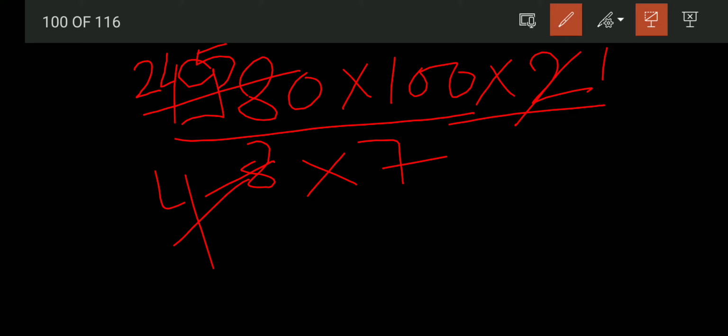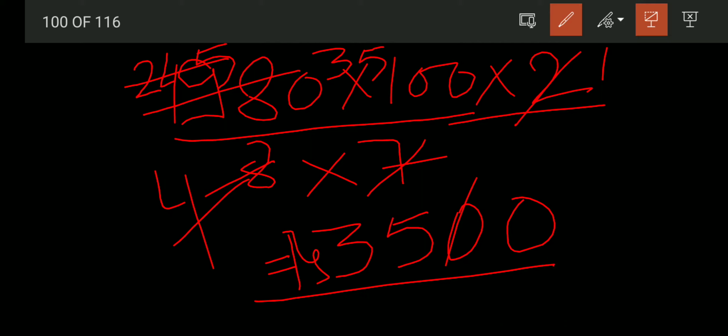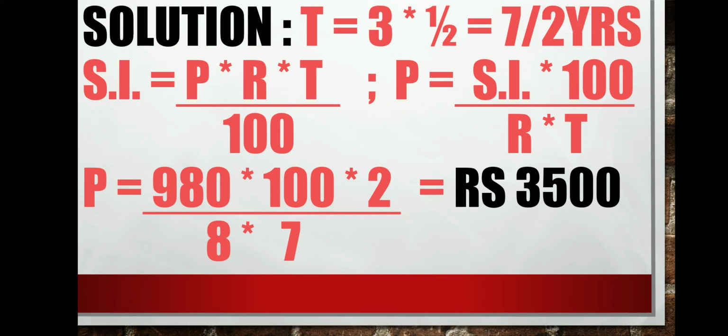So 245. 7 threes are 21 and 5s are. So this is 35 into 100, that becomes 3500. So what is principal now? 3500 is the principal. So we got the answer, 3500 principal.